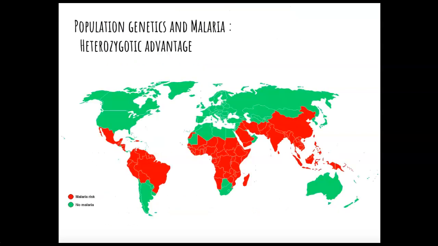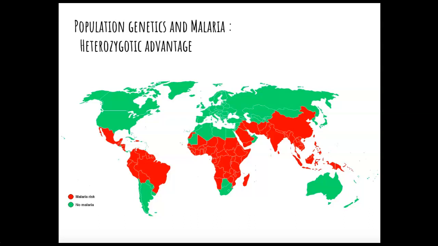So the classic example of population genetics comes from the study of population genetics and malaria incidence. And from this, we have this phenomenon that is called heterozygotic advantage. So a heterozygotic advantage is essentially just that there is an advantage of carrying a deleterious recessive allele.